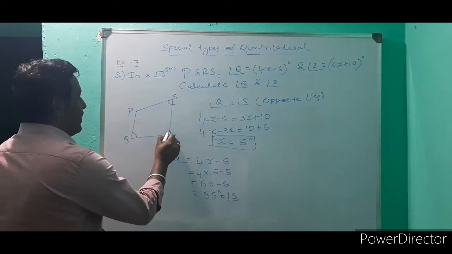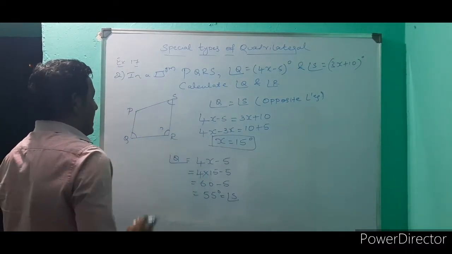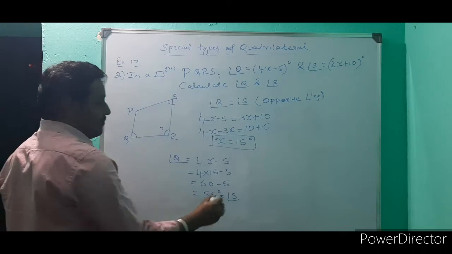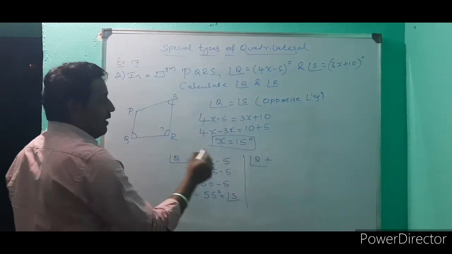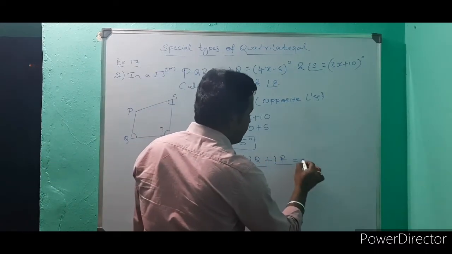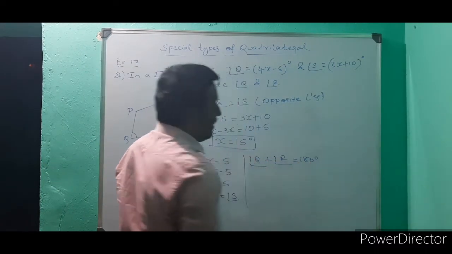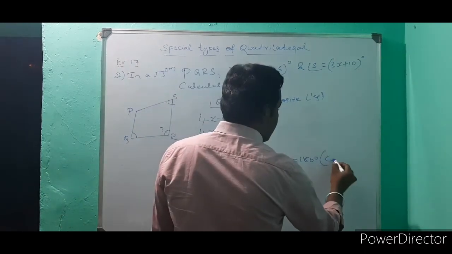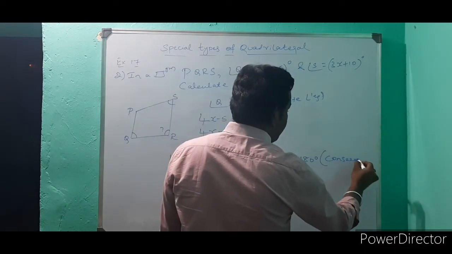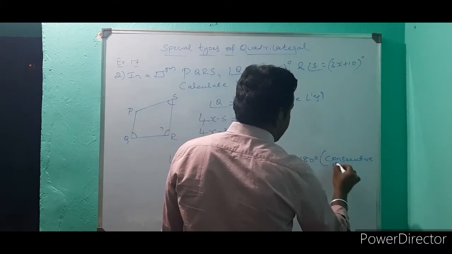Next we want to find the R value. We know angle Q is equal to 55. Angle Q plus angle R is equal to 180 degrees because they are consecutive angles.